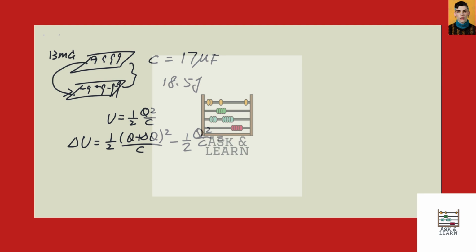That gives us (Q plus delta Q) squared minus Q squared, and that is delta Q over 2C times (2Q plus delta Q).